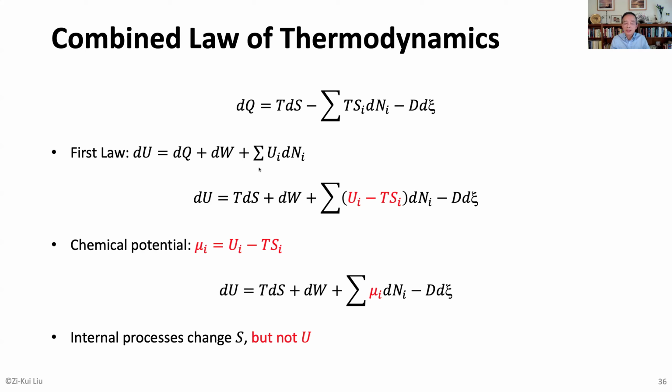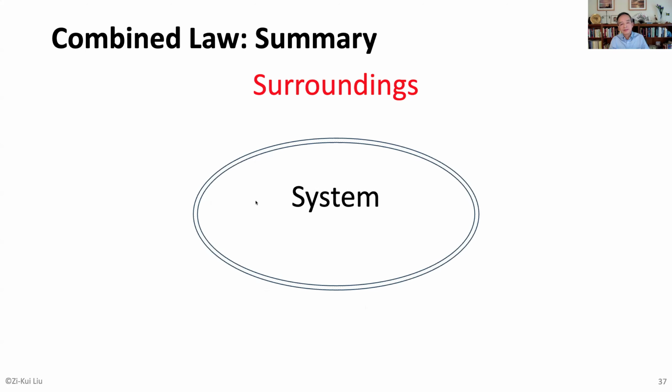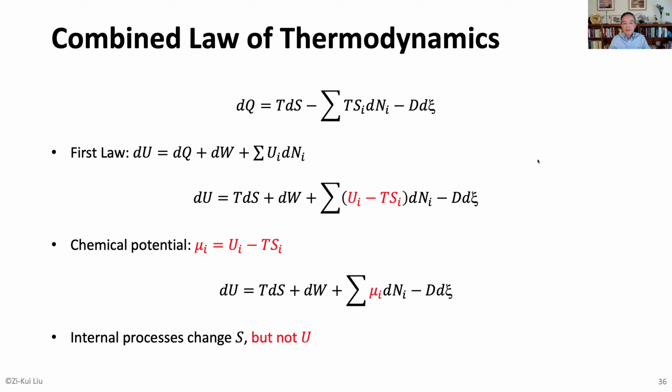Internal energy is completely determined by the three exchanges between the system and its surroundings: heat, work, and mass. However, the internal process changes entropy. That's why entropy is such an important quantity for defining how a system evolves.